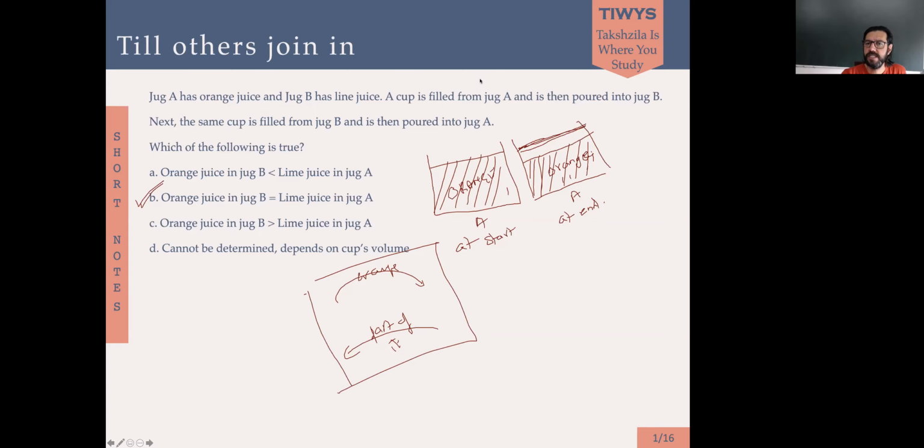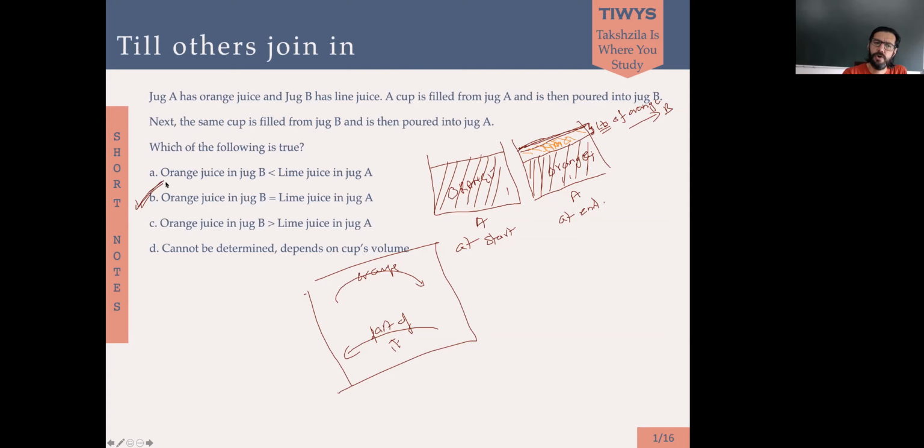So if the total is still the same, this part gets filled in with the lime juice. This part is what has gone over there, and this is the same volume filled with lime juice. So this many liters of orange juice has gone to the other vessel B, and that many liters of lime has been replaced.